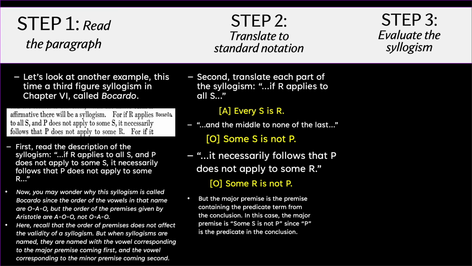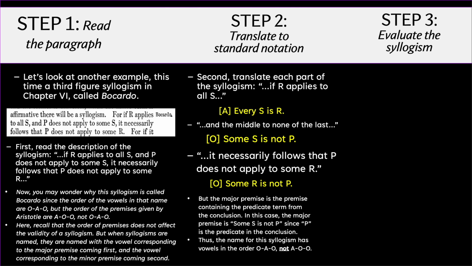So in the conclusion here, the predicate is P. In this case, the major premise is "some S is not P," since P is the predicate in the conclusion, and the premise "some S is not P" is the premise that contains the letter P. Thus, the name for this syllogism has vowels in the order O, A, O, Bocardo, not A, O, O. Nevertheless, in the paragraph where Aristotle explains the syllogism Bocardo, he just happens to put the minor premise before the major premise, even though the name for this syllogism puts the major premise before the minor premise, as per the convention for naming syllogisms.